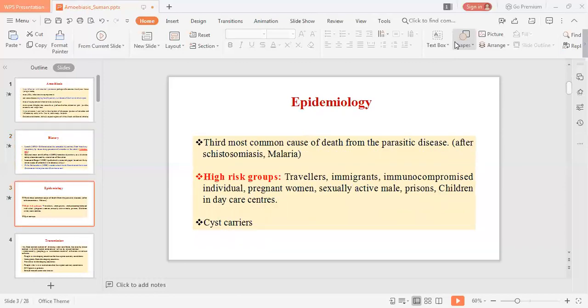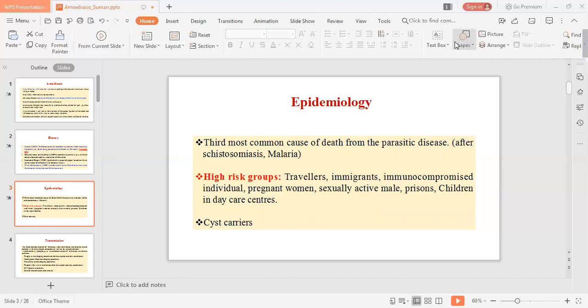Now we are coming to the epidemiology. Among the protozoan or parasitic diseases, amoebiasis is the third most common cause of death from parasitic diseases, just after schistosomiasis and malaria.